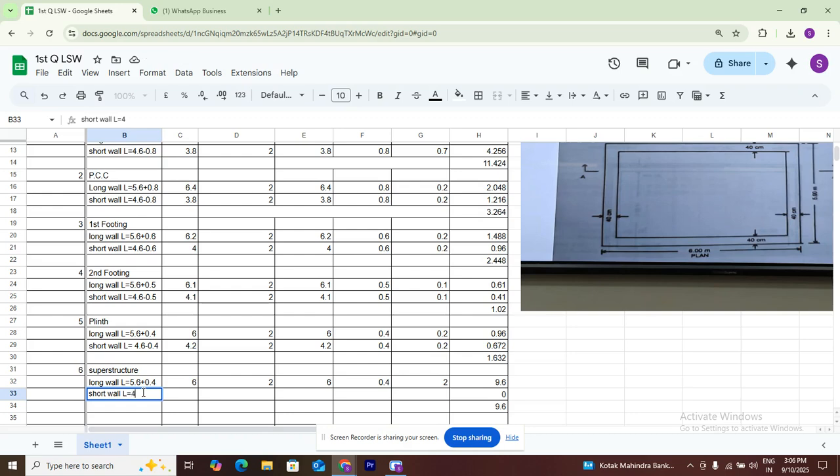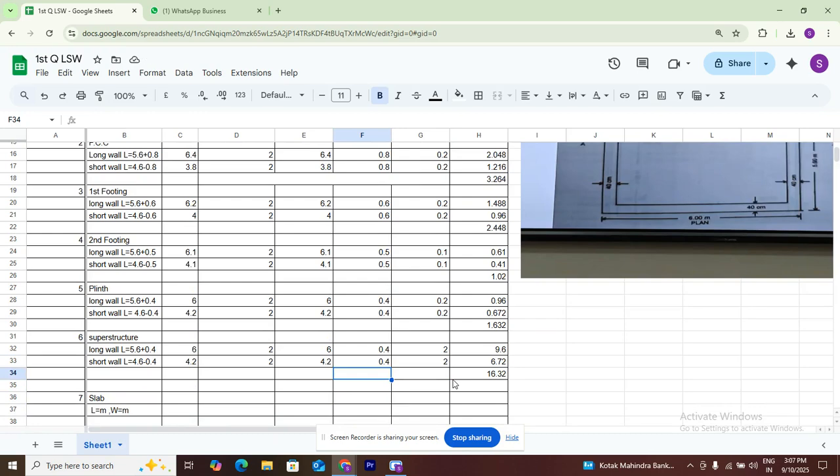Center to center is 4.6 minus, we need to deduct 0.4 on either side. 4.6 minus 0.4 on either side. Number of walls, 2 walls. Same width 0.4 and height of the wall is 2 meters, the same. Total brickwork is 16.3 cubic meters.